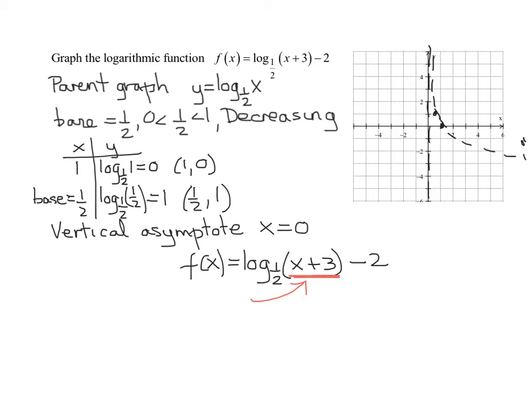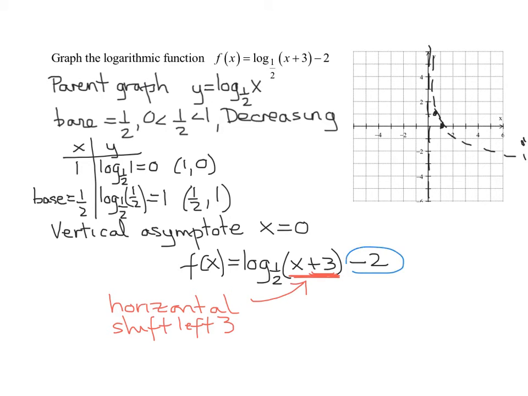It's inside the function, so it's going to be a horizontal effect. And when you add and subtract numbers, it shifts it. So it's a horizontal shift. And since it's a plus 3, remember horizontal always does the opposite of what you think. It's going to shift it to the left 3.